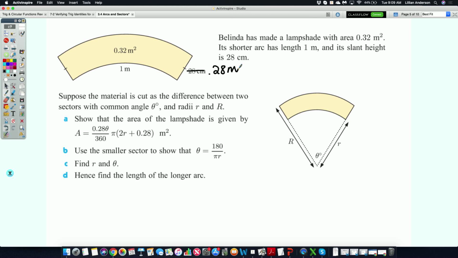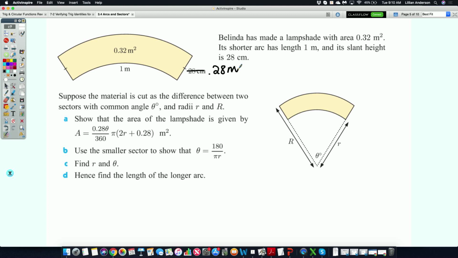So, to show that the area of the lampshade is given by this, how do we find the area of the lampshade? We find the area with the big R and subtract it from the area of little r.